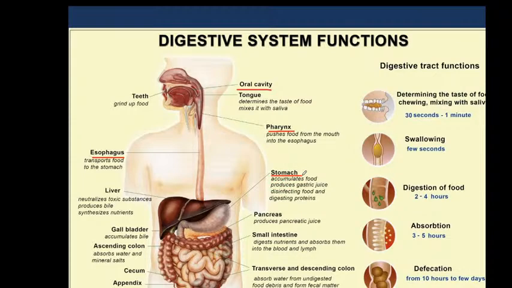It accumulates food and produces some gastric juice, which is used for disinfection of the food, and some of the enzymes in the gastric juice can digest proteins. Then food comes to the small intestine. It is another part of the digestive tract. Then it comes to the cecum.